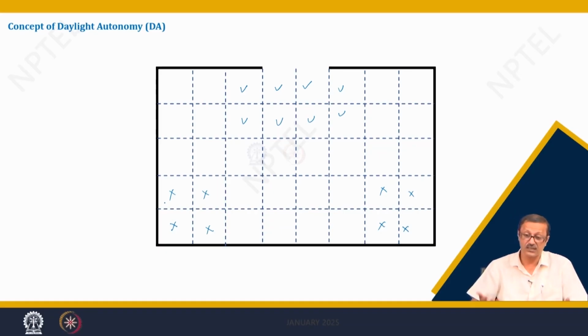But mostly, 90% or 80% of the time, I am expecting the front zones to have more daylight than 300.